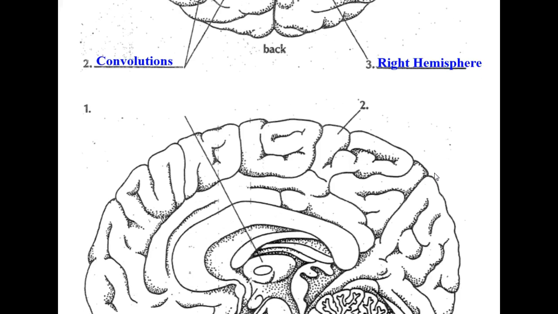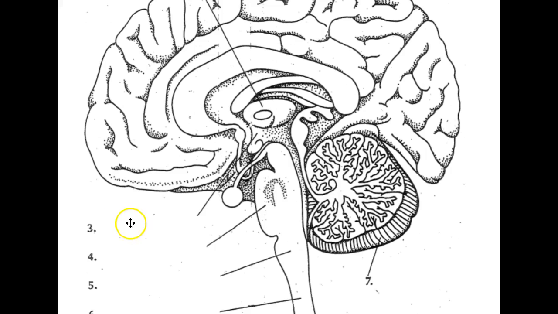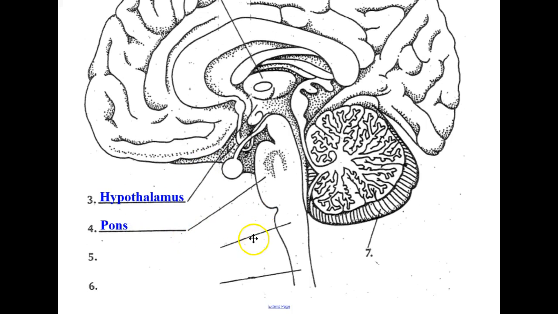Here's your top view diagram. Your bottom view diagram has structure 1 is the thalamus, which is right here. Number 2 is the cerebrum, which is the large part on top here. Number 3 is the hypothalamus, which sits underneath the thalamus. 4 is the pons. 5 is the medulla oblongata.